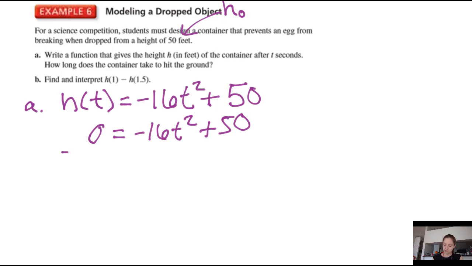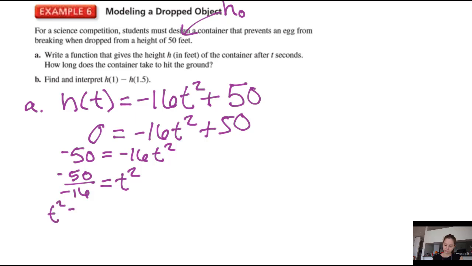Subtract 50 from both sides, and I'm solving for the time. I get negative 50 over negative 16 equals t squared. T squared equals 25 over 8.